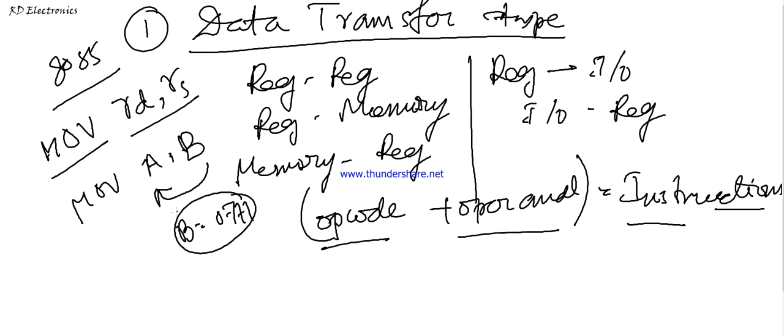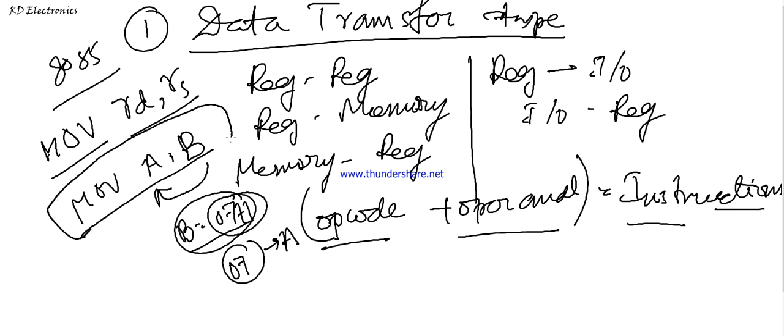After performing MOV A, B, the data 07 in register B is transferred to the accumulator, but the data is not deleted, it's just a copy paste. Like in a computer we just copy paste a file, it's similar to that.